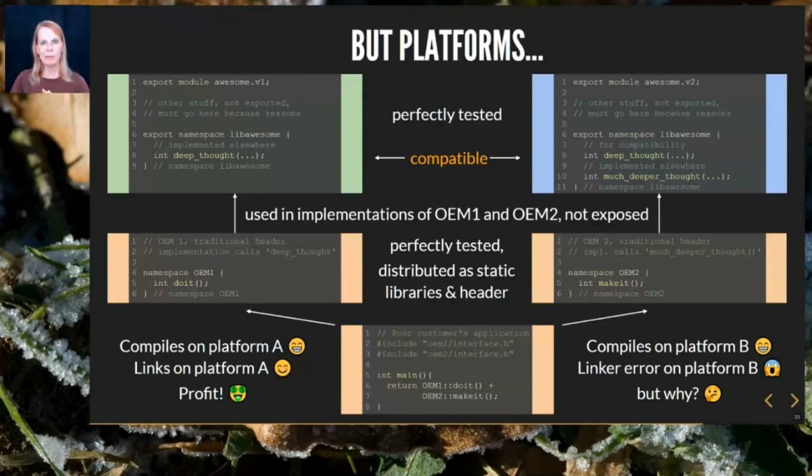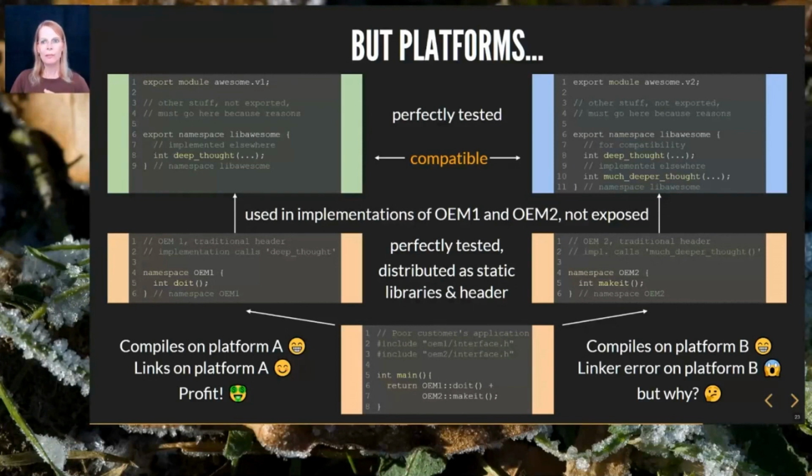This third-party library happens to be made available to both OEMs through a module with different module names, dependent on the library version. All libraries work perfectly, but the poor customer, that's possibly me, that buys these OEM libs and uses both of them in the same product might end up either as a happy camper or face the insurmountable problem of not being able to link the program, depending on the compilation platform.